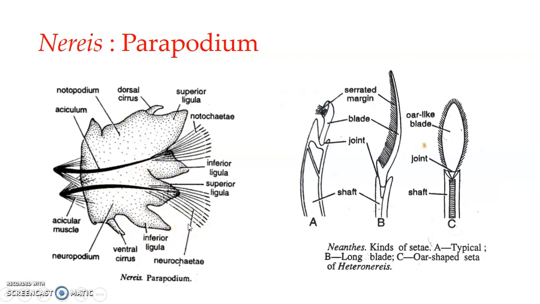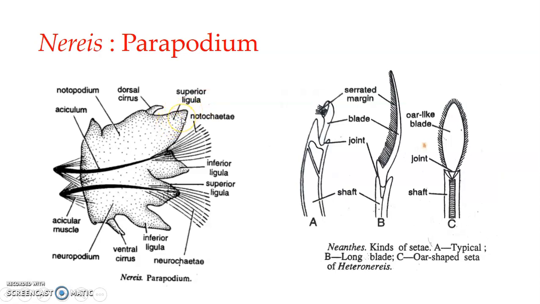Now, each part is further subdivided into two leaf-like lobes. So the notopodium contains two leaf-like lobes, and the neuropodium, on the other hand, also has two leaf-like lobes. Each lobe is known as a ligula, plural ligulae, singular ligula.